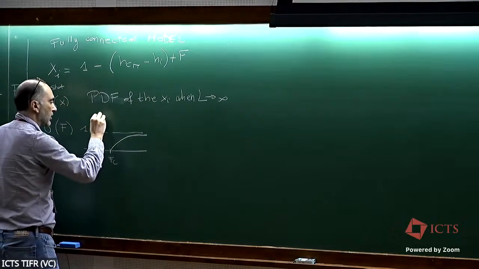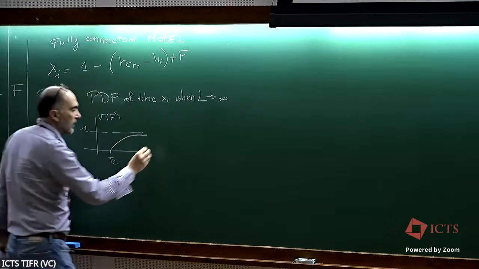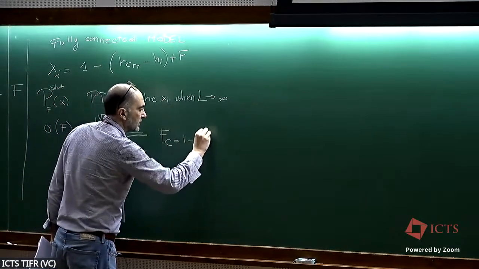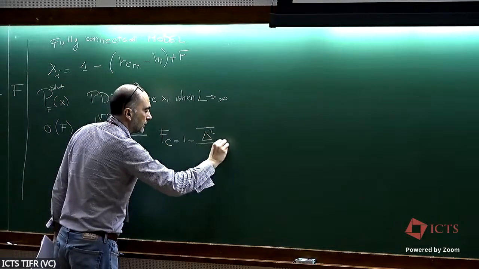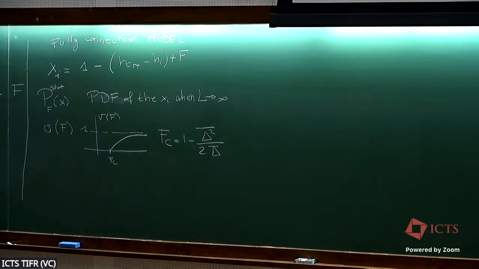This is the velocity as a function of the force. And you find, using this method, that the critical force is a function of my distribution G of delta.